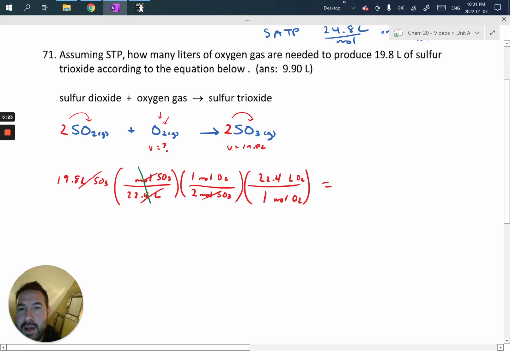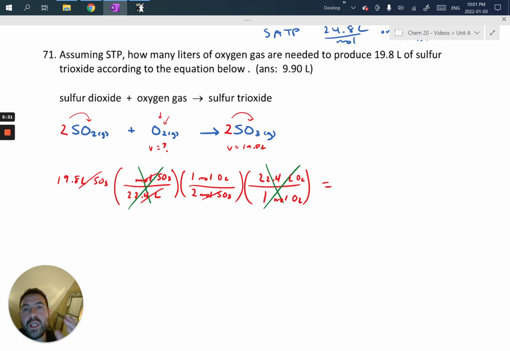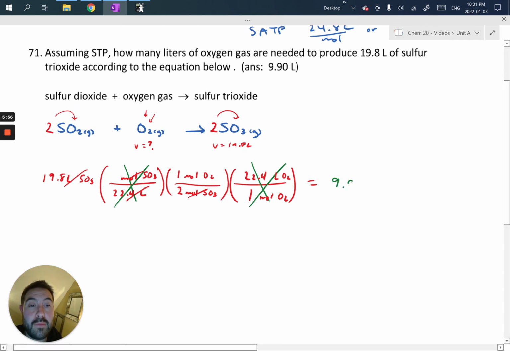For any chemical reaction that involves only gases, we can use the molar ratio as a substitute for the volume ratio, because all gases at STP occupy the same volume, which is 22.4 liters. So really, all I have to do here is take 19.8 liters, times it by 1/2, or divide it by 2, and I'm going to get 9.90 liters. All right.